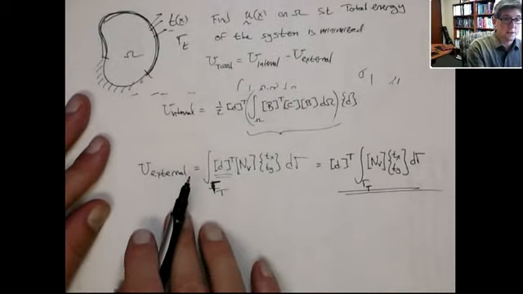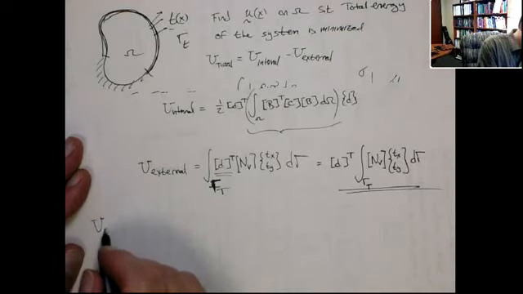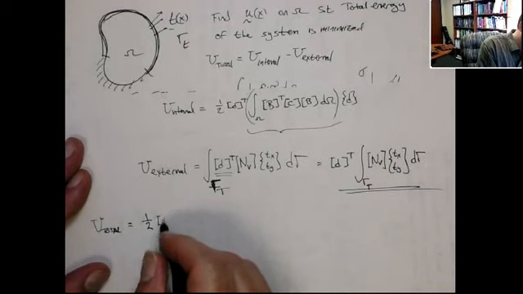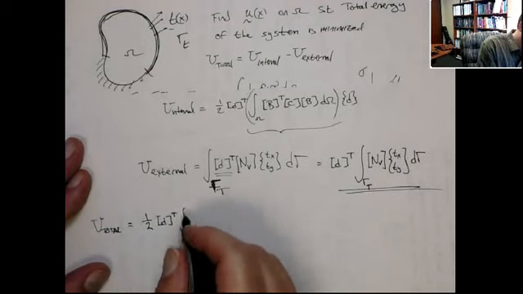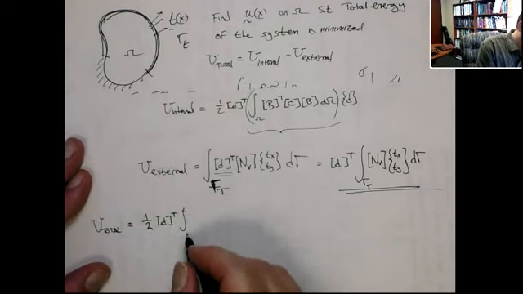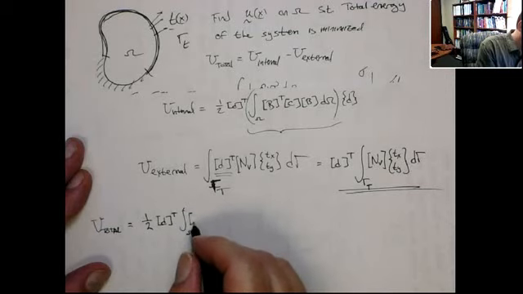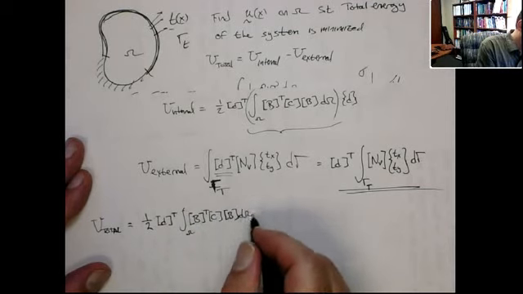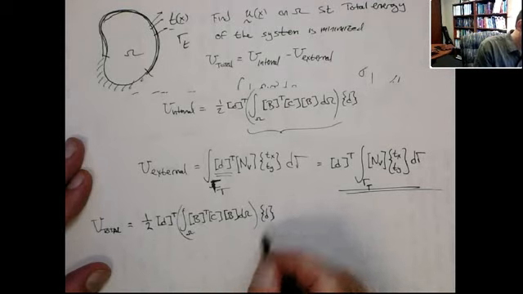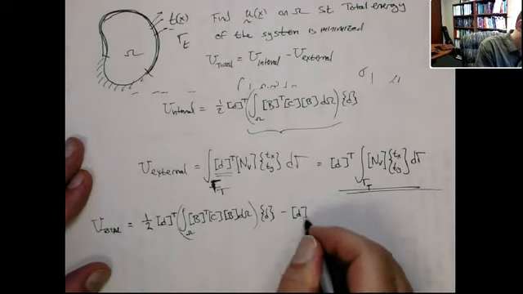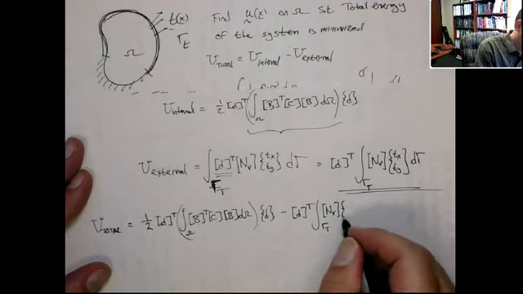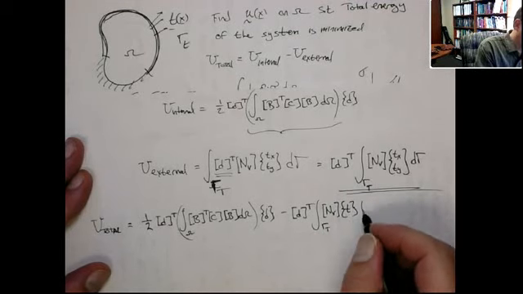So this is going to give us U total: the internal energy, 1/2 d transpose, integral over omega of b transpose c b d omega times the displacement vector, minus d transpose times the integral over the traction boundary of N transpose, and just call this t, that's the traction vector, d gamma.